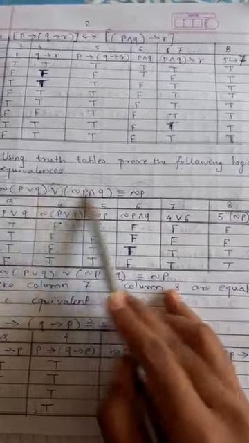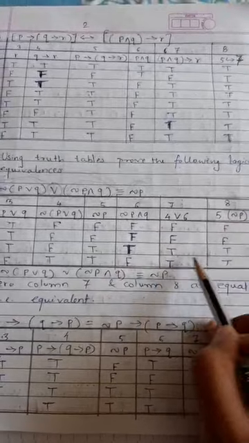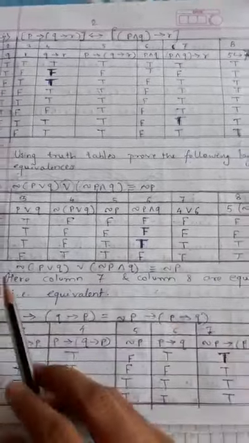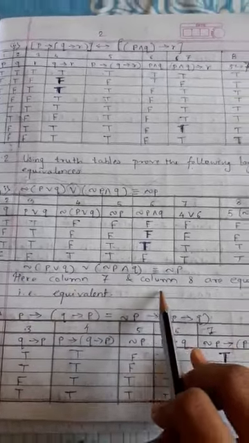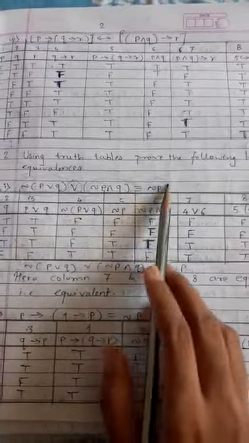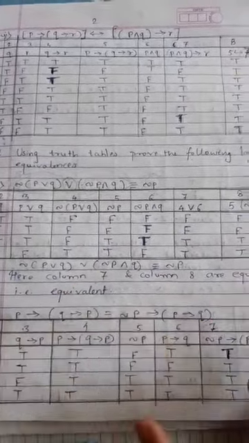So compare these two columns: both are equal. Column 7 and column 8 are equal, that is, they are equivalent. That's why this statement pattern is equivalent.